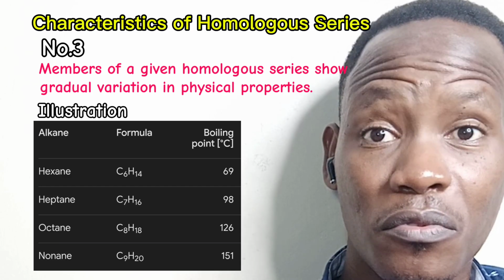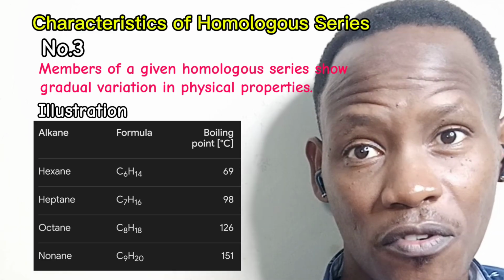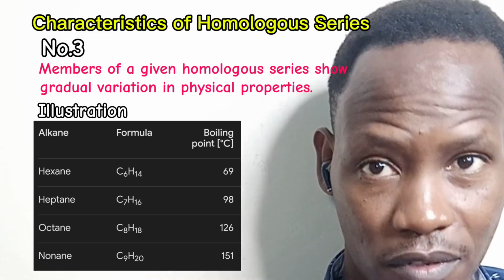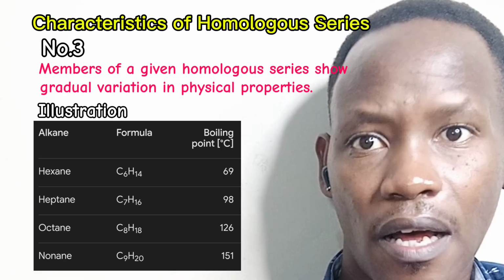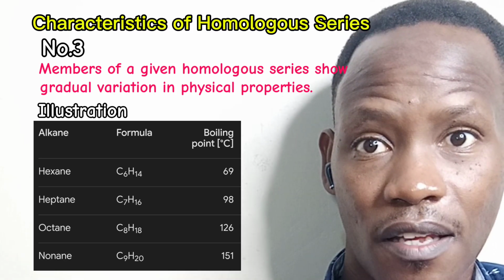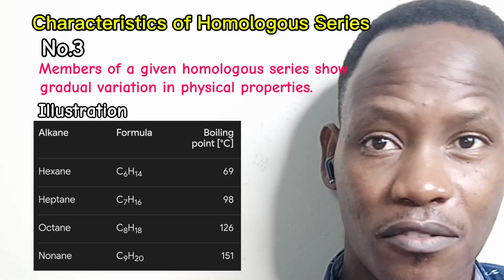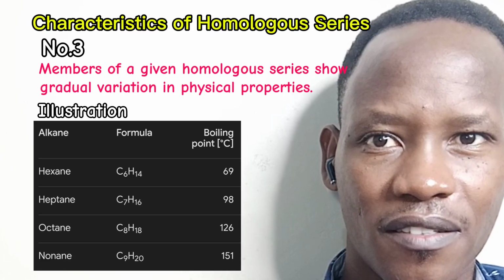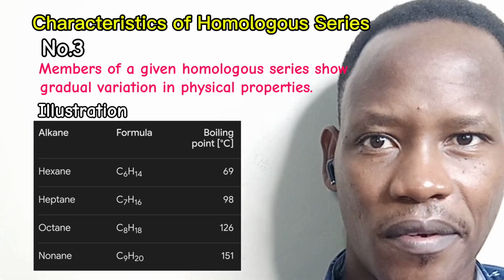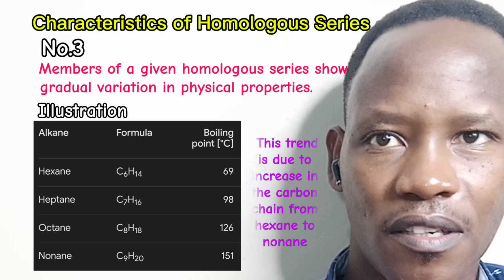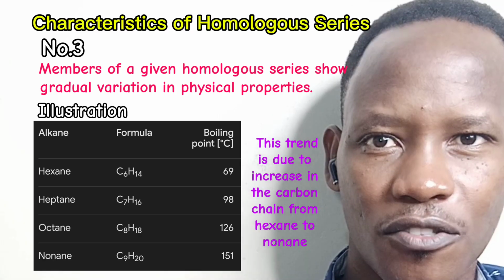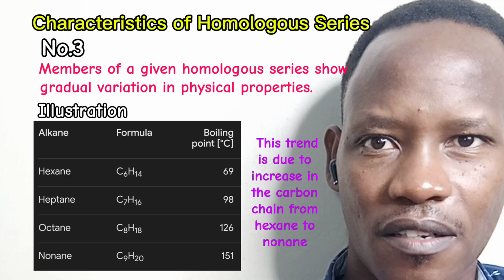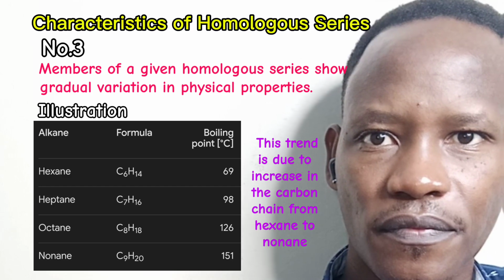So what can you conclude from the data given in that table there? Is that, well, there is an increase in boiling point as you move from hexane to nonane. The reason being increase in the carbon chain as you move from hexane to nonane.